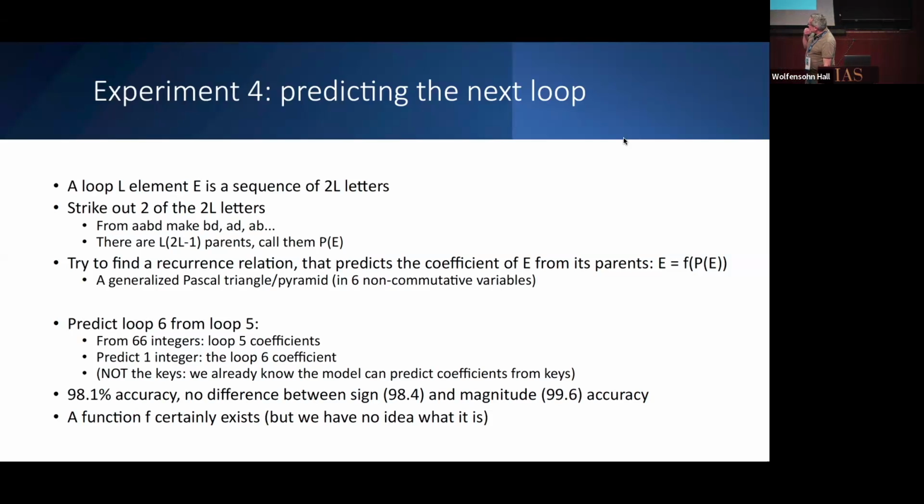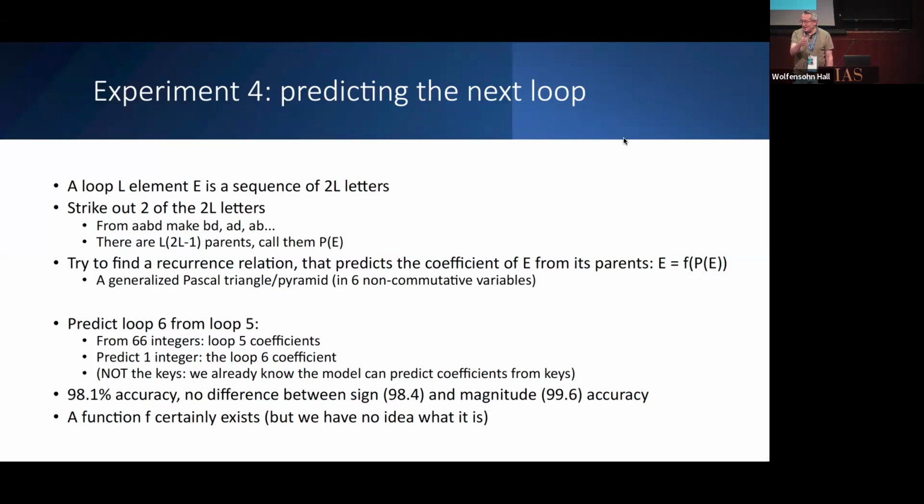So the idea is that suppose you take an element at loop L, it's a sequence of 2L letters. Now, you would like to find a recurrence relation that links this coefficient to some parent coefficient at the previous loop. A very simple way of going to loop L minus 1 is to notice that it has 2 fewer letters. So if you strike out 2 letters, you get a parent.